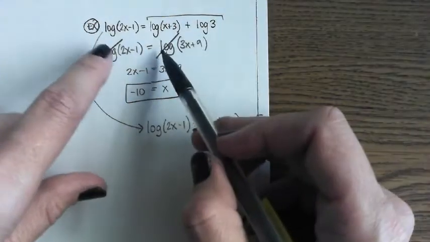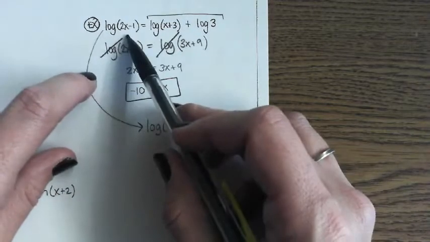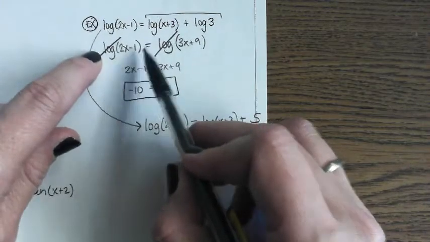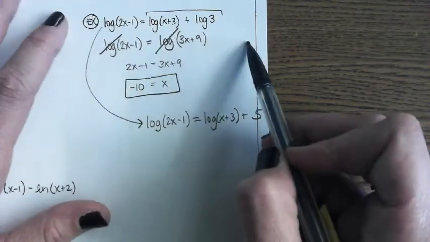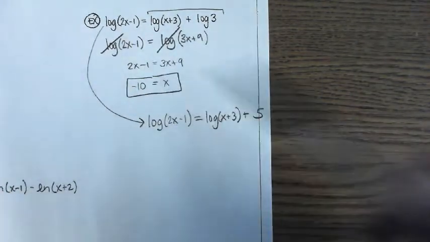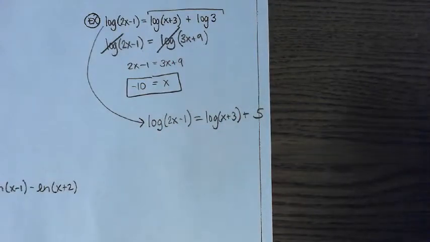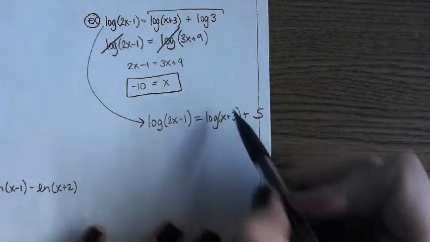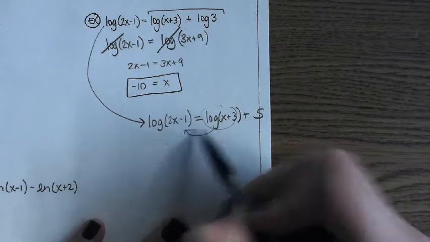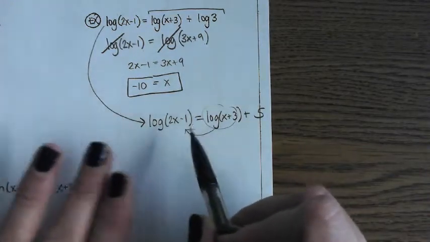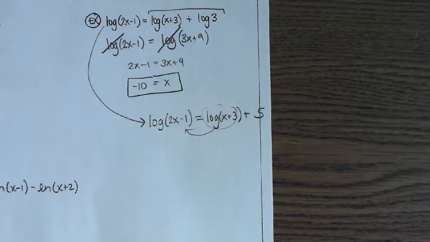Because the only way to do the single log on both sides is if it's just a log of something equals log of something. If there's anything additional there, that's not going to allow the cross-off to happen. Okay? So on this one, I would have to subtract that over, condense the two log subtractions into a log division, and then follow my translation. Any questions on that?